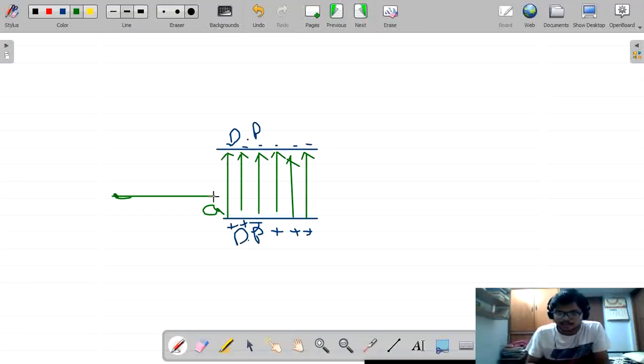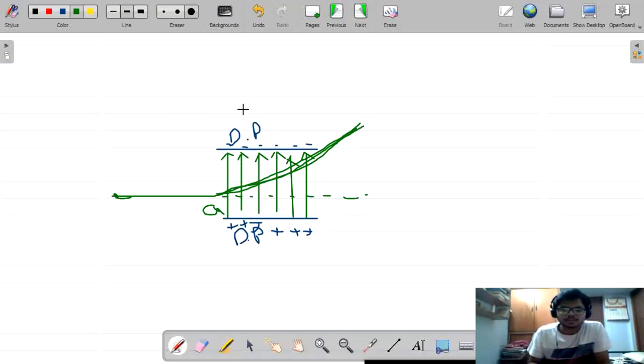Our electron will try to move in the x direction, but due to this force it will travel in a parabolic path. In this way our electron will deflect from its original path.